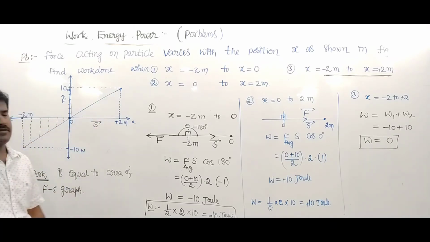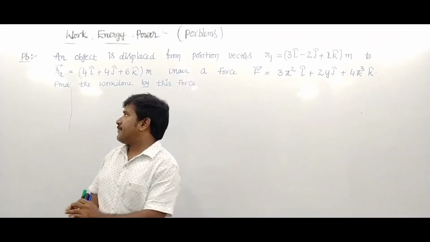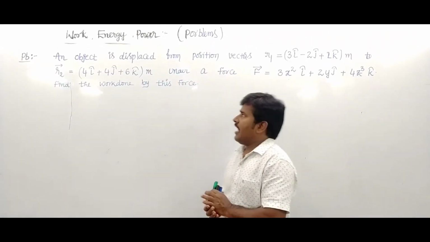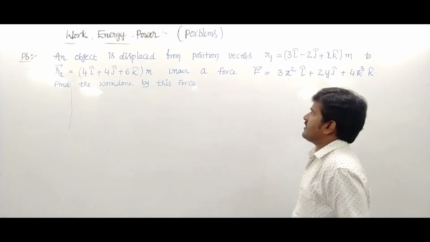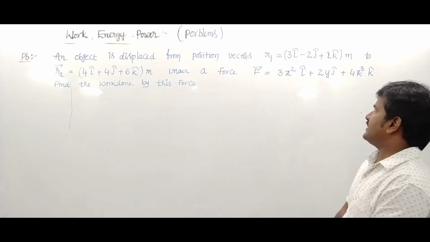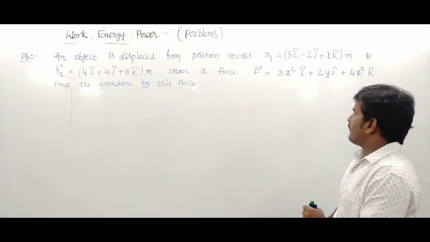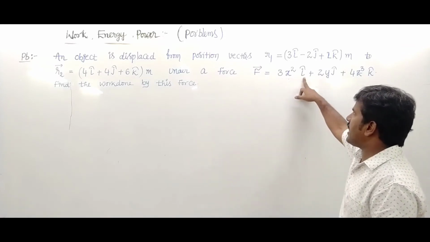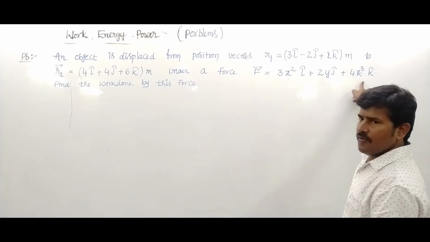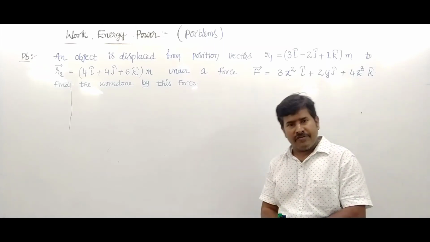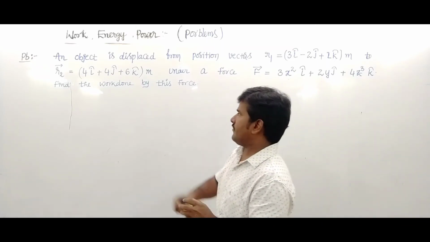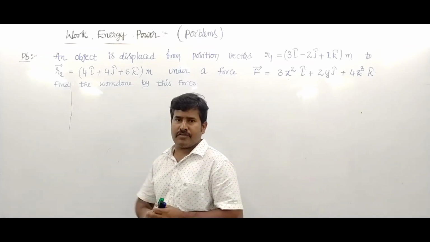The work becomes 0. So another problem is given: an object is displaced from position vector R1 to R2. R1 is given and R2 is given. The force is 3x square i cap, 2y j cap, 4z cube k cap. We want the work done by this force.